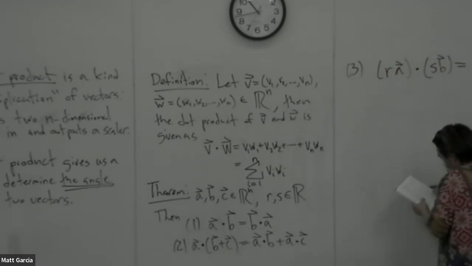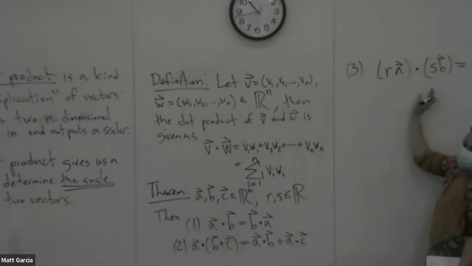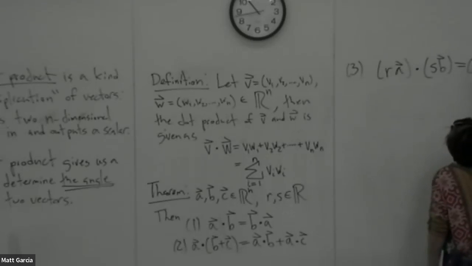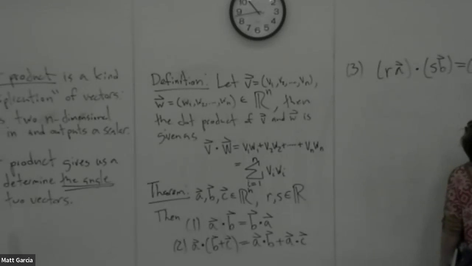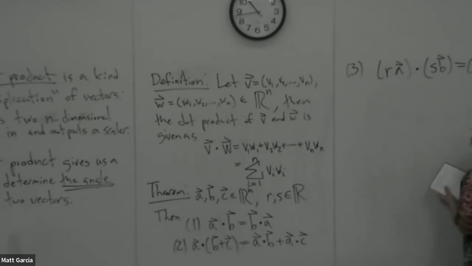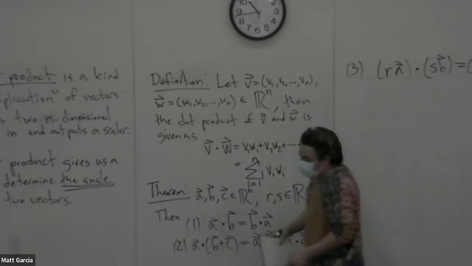Well, then as it turns out, I can just pull all the scalars out and keep the dot product of the two vectors separate. Right, so that's equal to a hat dot b hat times rs.